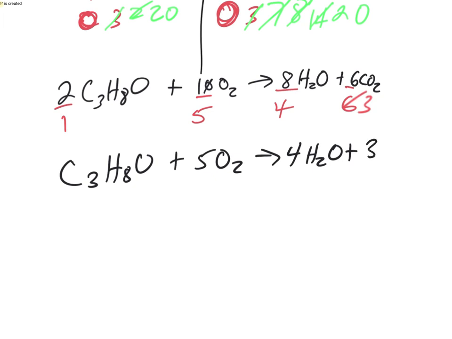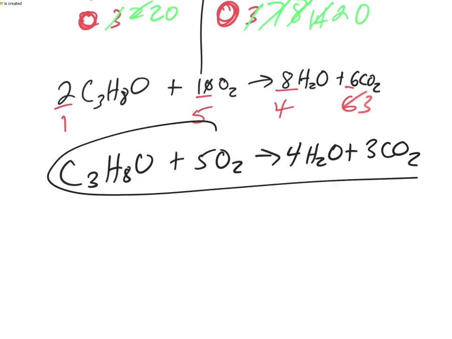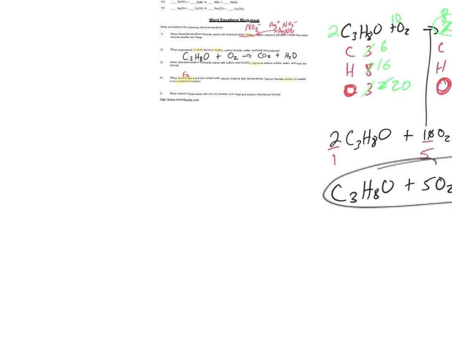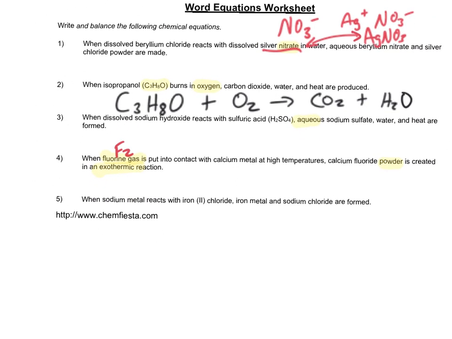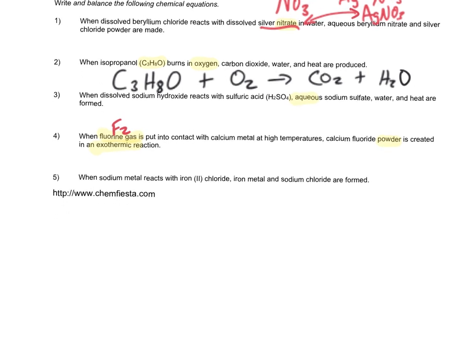Let's stay consistent. Okay? So this would be my balanced equation for that word equation. And yes, this is what chemists do. And honestly, the more they practice, the easier it gets. Eventually they can do it in their head and stuff like that.